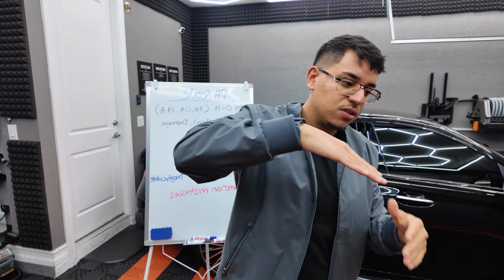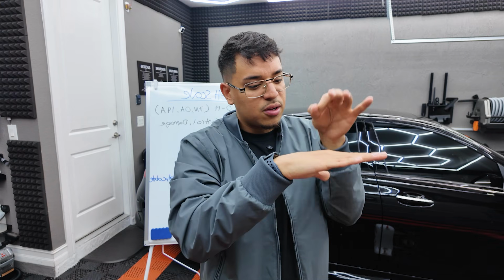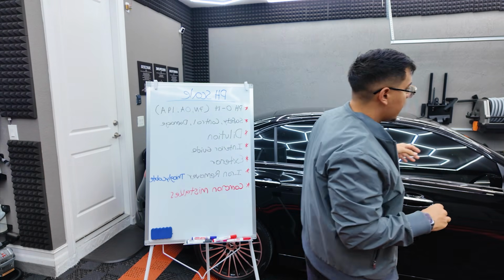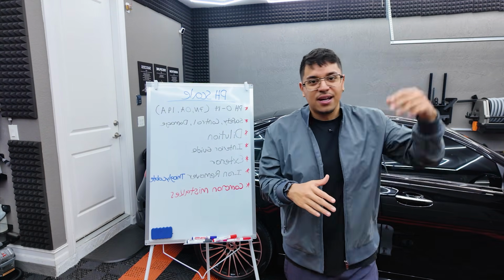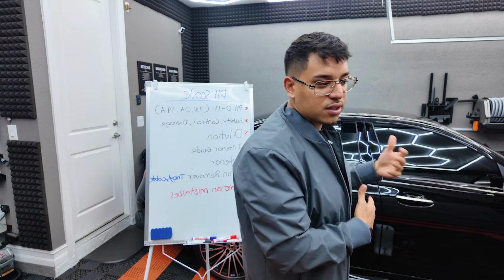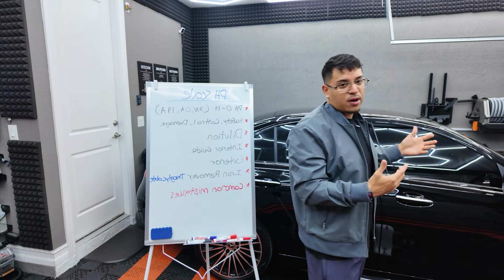Since it's flat, there's no tilting, so the water is not gonna run, especially if there's no protection. So the minerals just sit there while the water evaporates, and that's when they embed in the clear coat, because the sun is hitting that. There's no water, there's no lubrication. So boom, you get water spots.